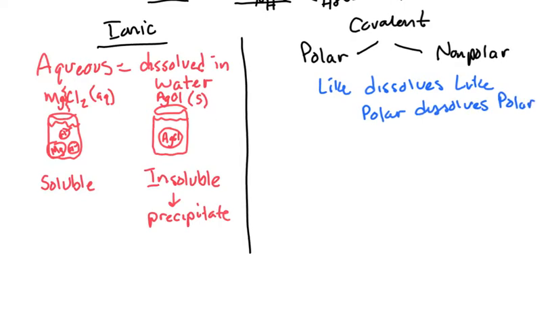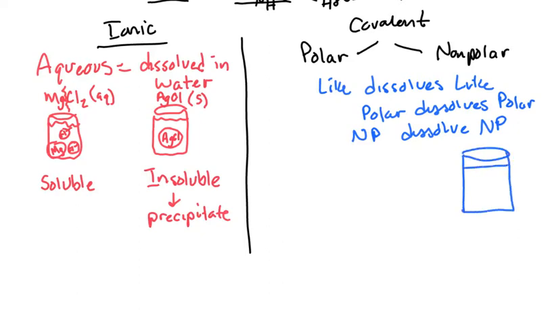In other words, polar solvents will dissolve polar solutes, and non-polar solvents dissolve only non-polar solutes. This is why if we put oil and water together in a beaker, we'll get a layer of oil and a layer of H2O. They do not mix. They're immiscible. They do not dissolve each other.